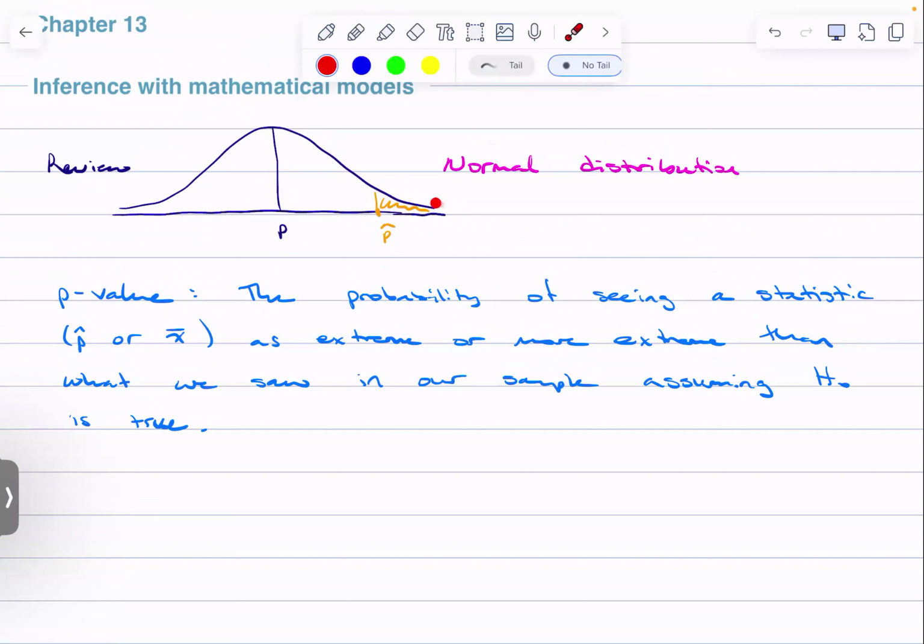But we said, okay, if this value is really, really small, then that's evidence against the proportion being centered on P. It's probably centered on something closer to this upper tail. We don't take it that far. We just say, unlikely that it came from this distribution that said that P is equal to some number.